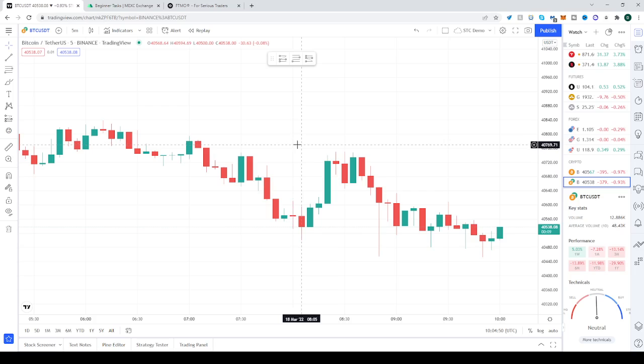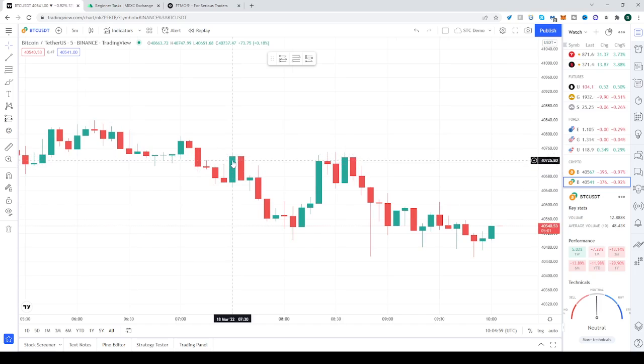So what does it all mean? Let's take, for example, this candlestick. The candlestick has a body, this green part, and two wicks, these little lines coming from the top and the bottom. A green candlestick means that the price ended higher than the previous given period before it.